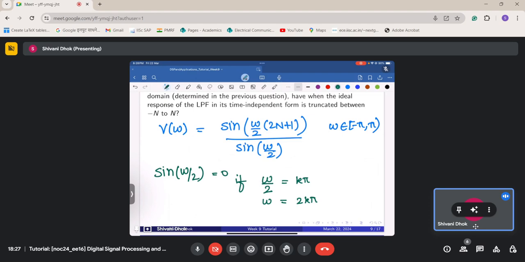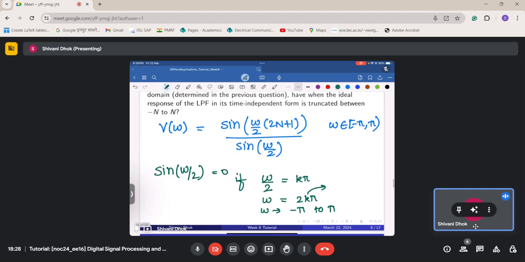However, this omega is varying from minus pi to pi, and therefore the only value of k that we can consider is equal to 0, which means that for omega equal to 0, this sine of omega by 2 will be equal to 0, otherwise it won't be equal to 0. Okay, so this thing we know. So now the only issue we will face is when my omega is equal to 0.